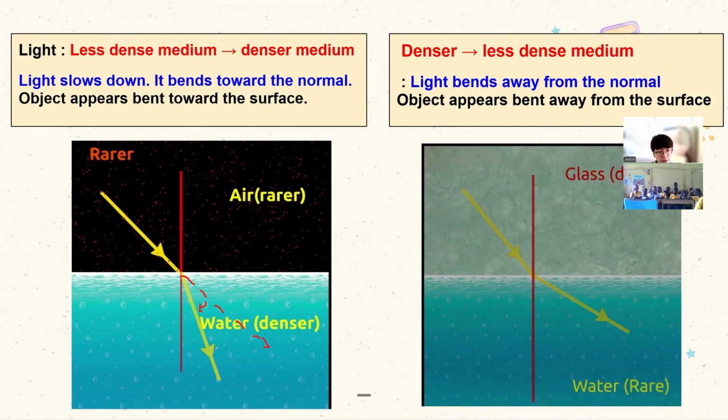The light bends this way. Towards normal means towards this vertical line, this straight line. That happens when the light goes from a less dense medium to a denser medium.